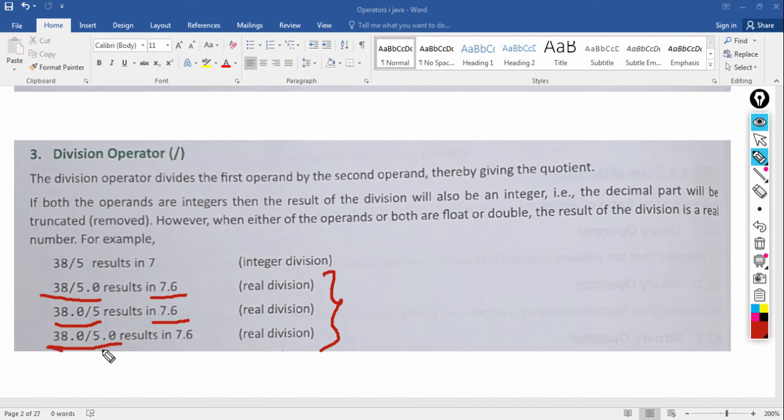And of course, when both are double, both are decimals, the result will be 7.6 only. So this point is very important. If both the operands are integers, the result will be an integer, and if any one operand is in the decimal form, the result will also be in the decimal form only.